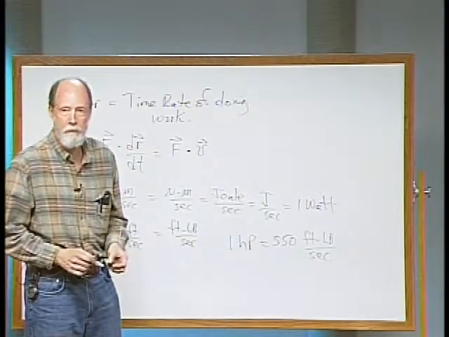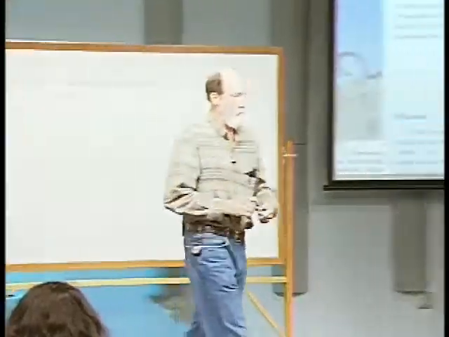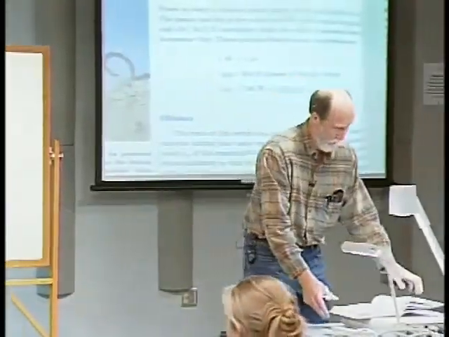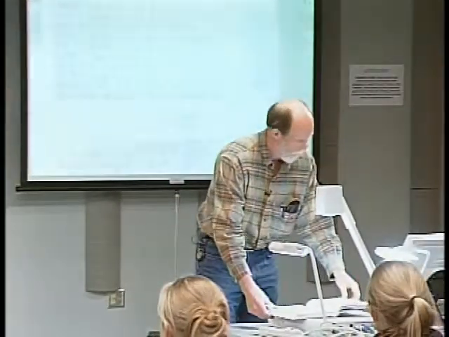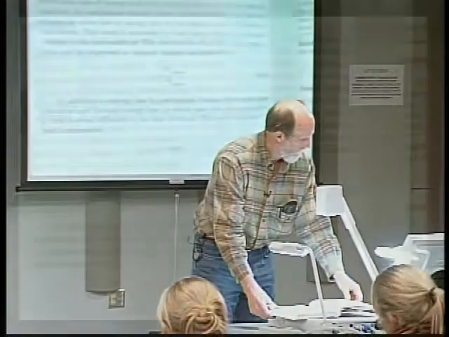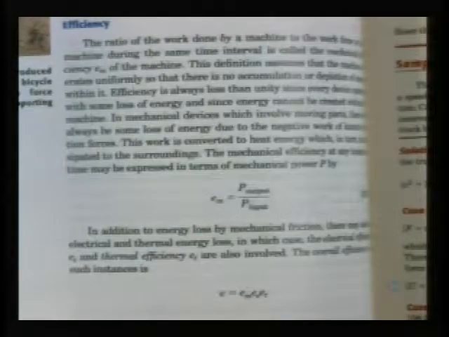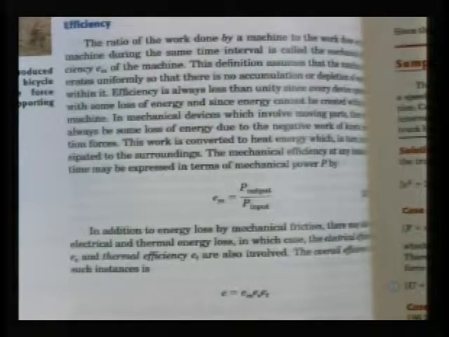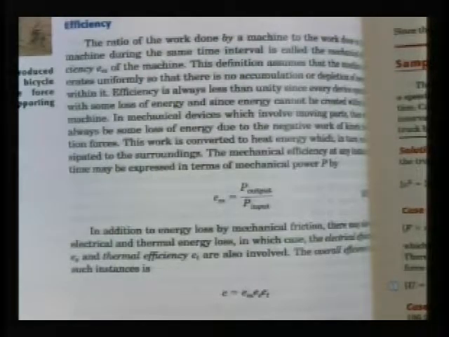Okay. One other point that I think was touched on in this section, it's right down here on the same page, is efficiency. Let me hit the autofocus, see if that picks it up there. That's a little better. So the efficiency is power output divided by power input.